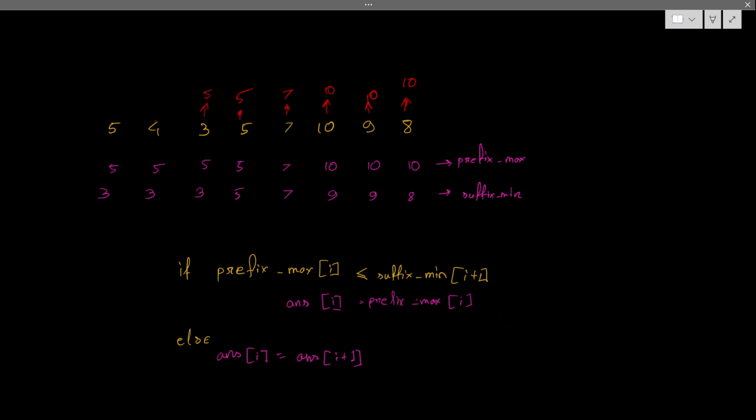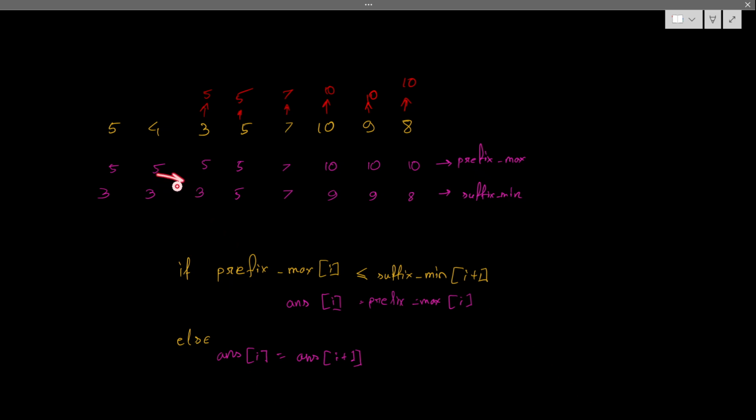Okay, now here with 4 I can again get the maximum of 5. I can go 5 here, and from here I can go 5. So prefix max, let's remove this part. This is a special case: come here, with 4 I can get prefix max. Now the suffix min is 5, which is greater than my suffix min of i plus 1, right?